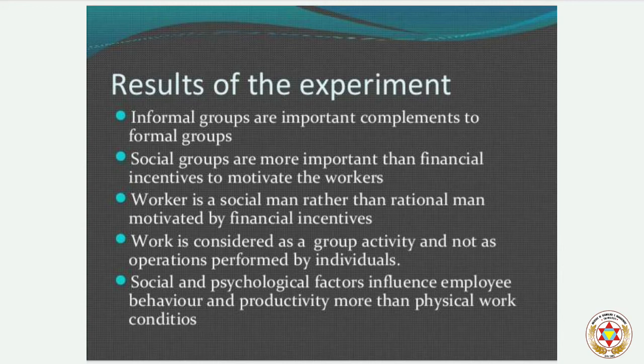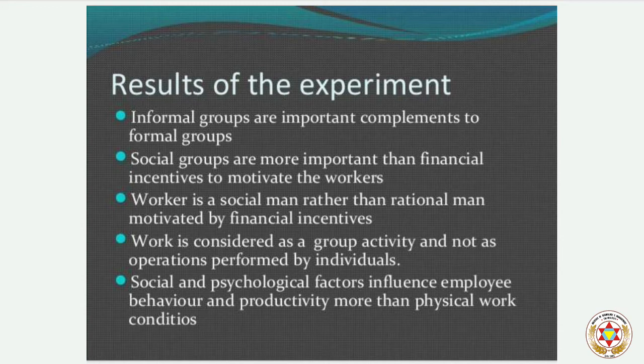Later the technique was changed to non-directive types of interviewing, where the workers were free to talk on their favorite topics related to their work environment. The study brought to light the all pervasive nature of informal groups, which had their own culture and production norms, which their members were forced to obey.